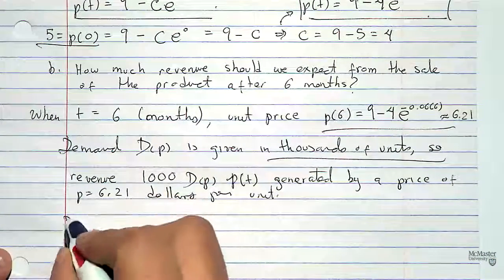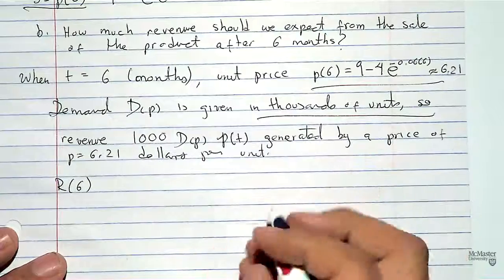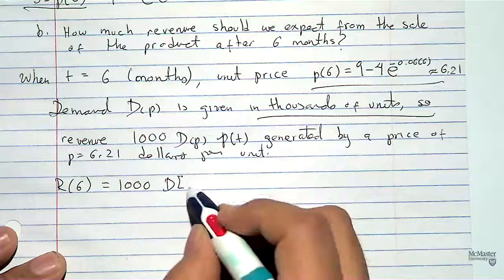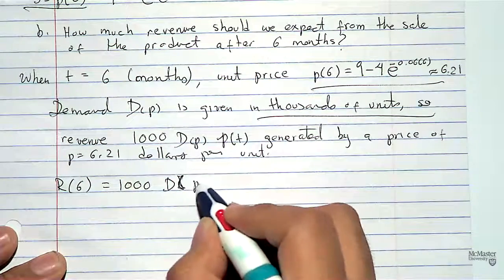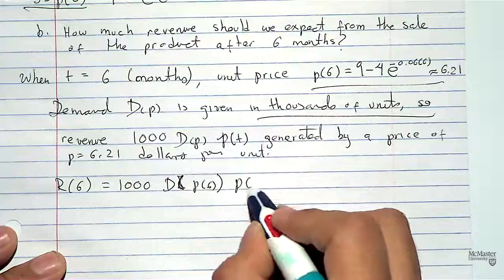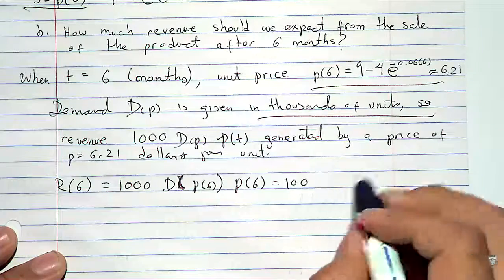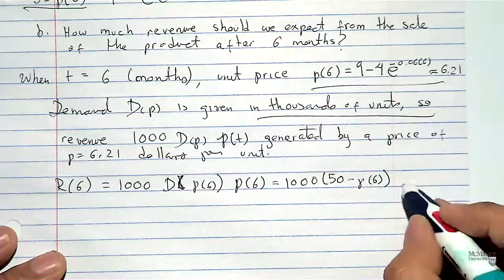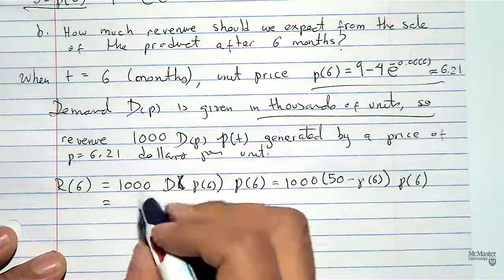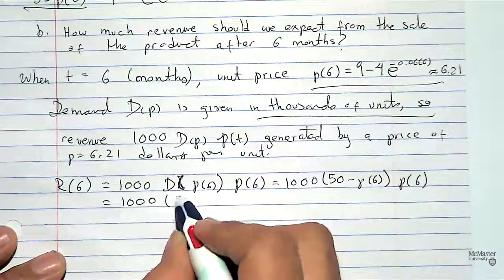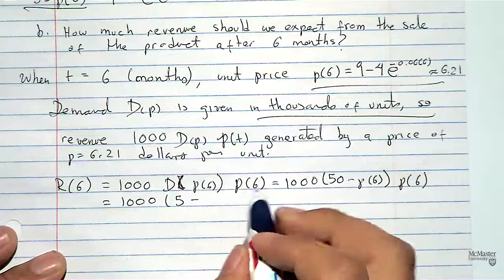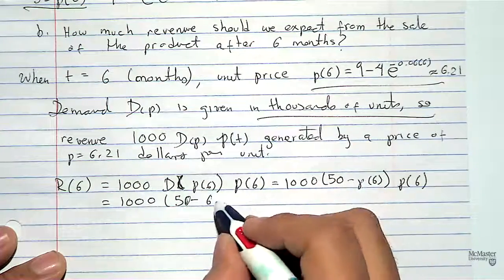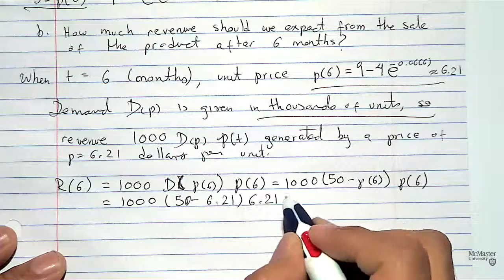And if you do the computation, you find the revenue at the time t equal to 6 months, so it's 1,000 D(P(6)) times P(6). So you plug in 1,000 times (50 minus P(6)) times P(6). So you have 1,000 times (50 minus 6.21) multiplied by 6.21.